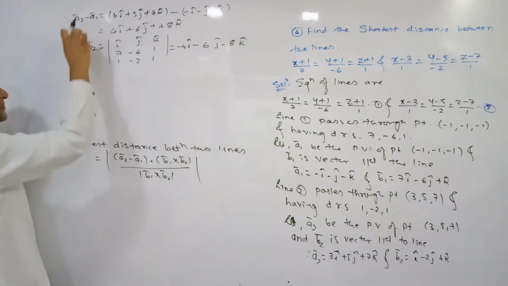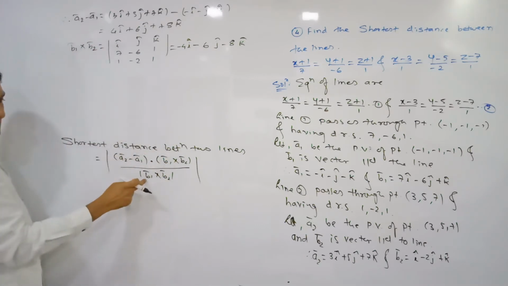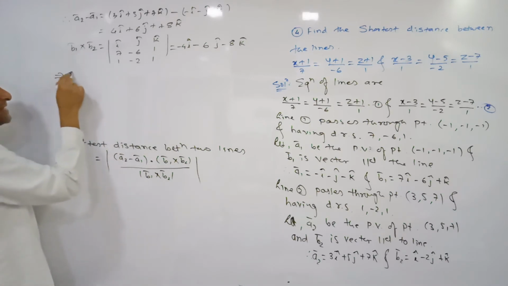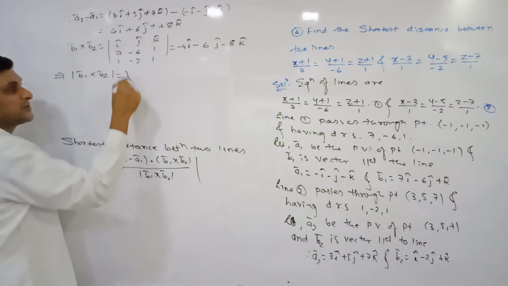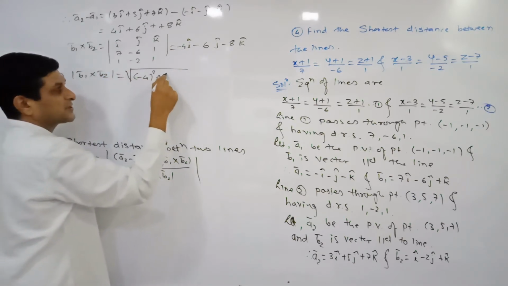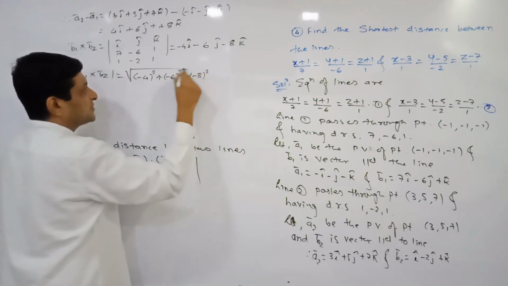Now find the dot product of these two vectors. In the numerator we will require the dot product, and the denominator will require what? Magnitude. Better we first find the magnitude. This implies that the magnitude of B1 bar cross B2 bar is equal to the square root of the square of minus 4 plus the square of minus 6 plus the square of minus 8. Now substitute the values.